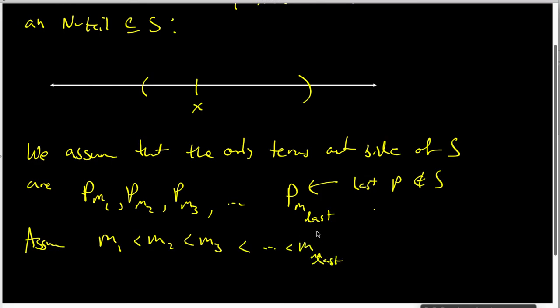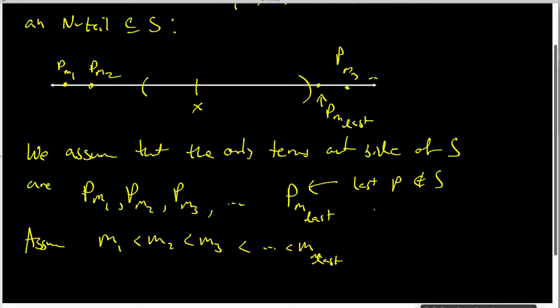So P_M last has the biggest of all of the subscripts that are not inside S. So P_M1 is out here, P_M2 is out here, P_M3 is out here, and all the way down to somewhere P_M last is out here.